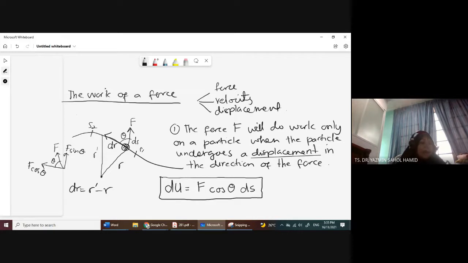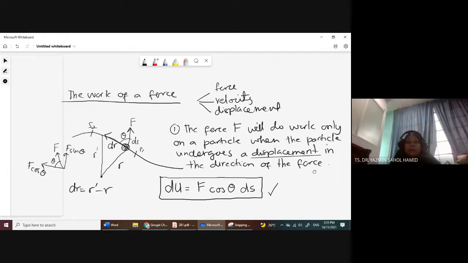The magnitude of dr is actually ds. So if you calculate the magnitude of dr, it equals ds. So basically the work done by a force is this formula, dU equals F cos theta ds. This is something very important for you to understand.